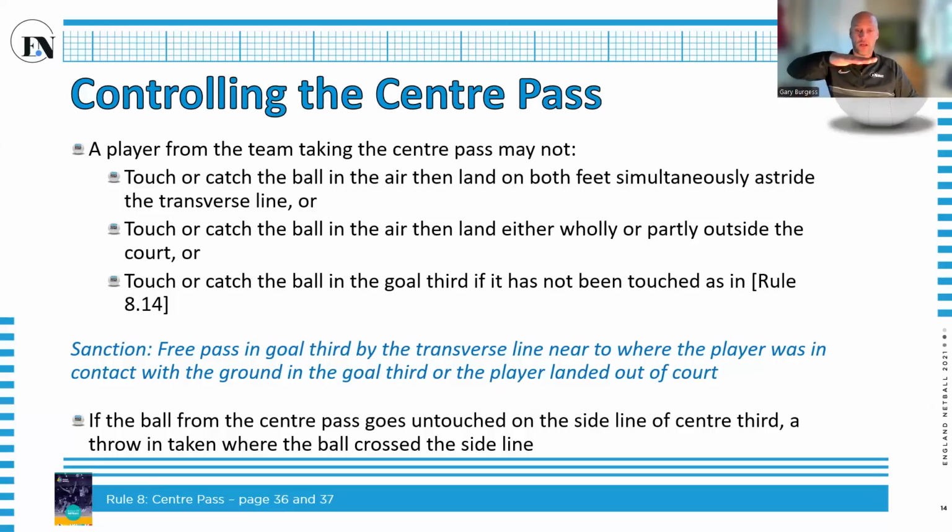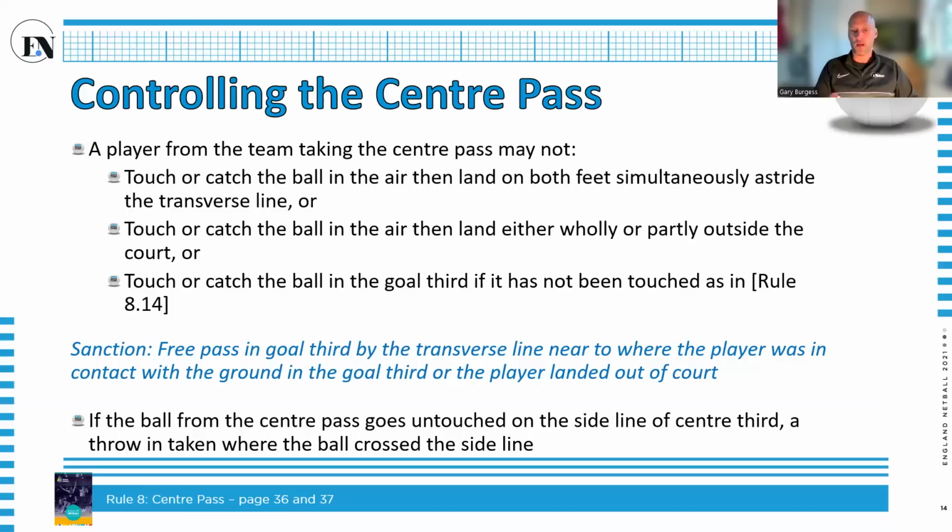And that also includes if their foot is across the line. So their toes are in centre third and their heels in goal third. Okay. If they touch or catch the ball in the air, then land either wholly or partly outside of the court. Okay, so this is the one that gets people scratching their heads.